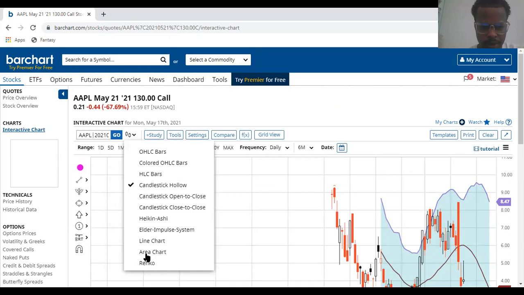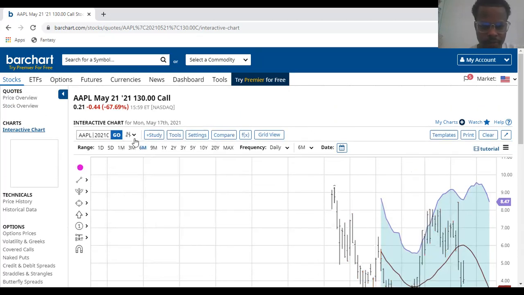It looks so weird. Yeah, this is what it looks like, and it doesn't have any study. So this is my own template, but we're going to clear it so you guys can see what it looks like.